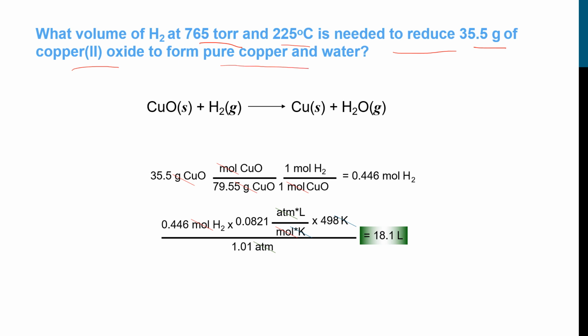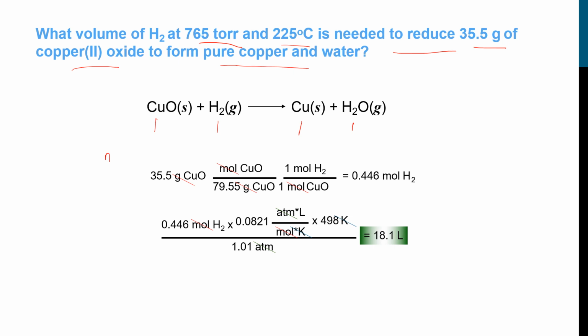So again, you have to write the balanced chemical equation. 1 mole of copper(II) oxide reacts with 1 mole of hydrogen, produces 1 mole copper plus 1 mole water. First step kita kena cari number of mole of reactant. So 35.5 gram of copper(II) oxide, divide with molar mass of copper(II) oxide, 79.55 gram.